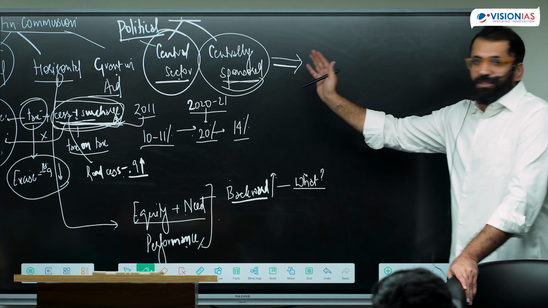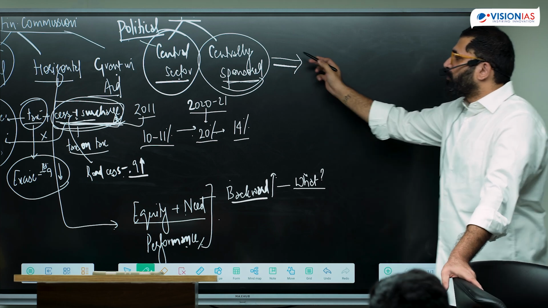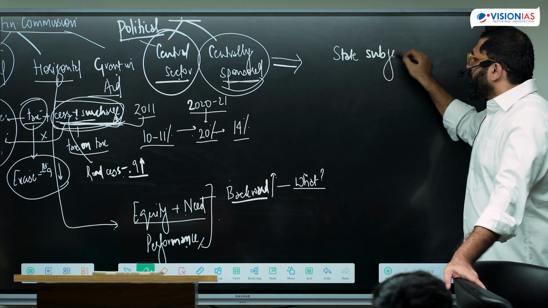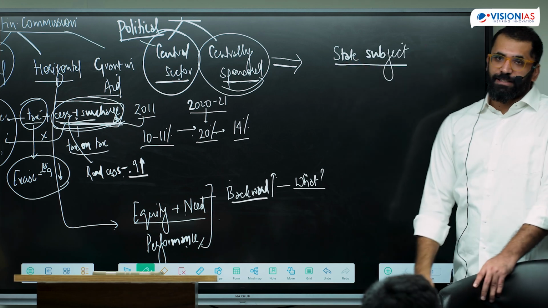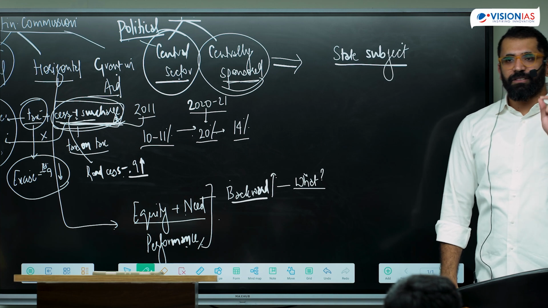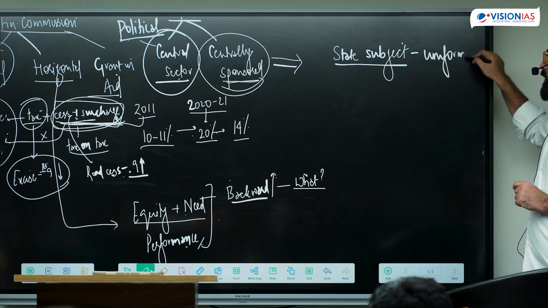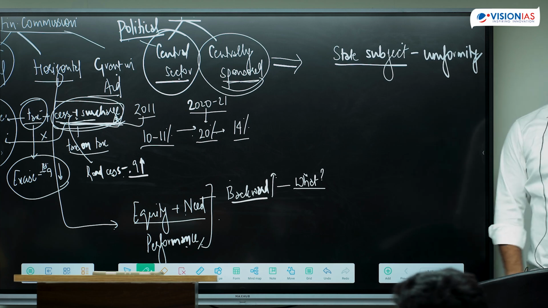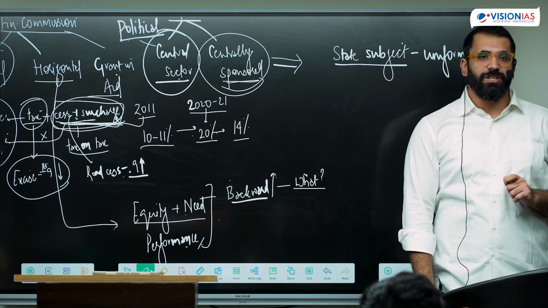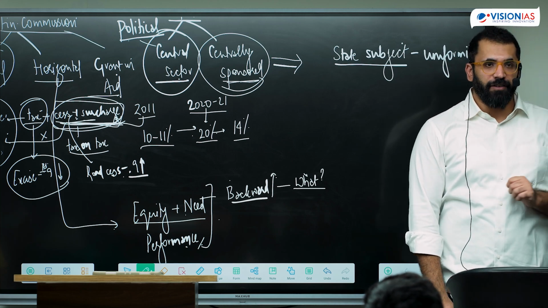Now, why centrally sponsored? This has always been a problem between center and state. Centrally sponsored schemes are mostly schemes on a state subject. First, you are encroaching on the domain of the state subject. The central government still does it because it has a rationale that we have to provide a certain amount of uniformity in development, and state governments do not have a very good revenue mobilization capacity. So in certain areas, we are going to help you by providing finance.